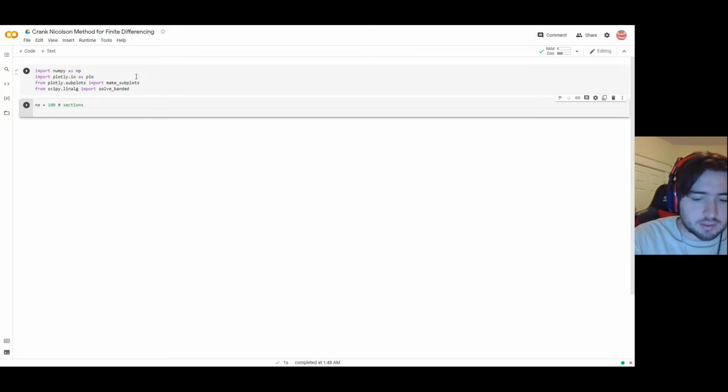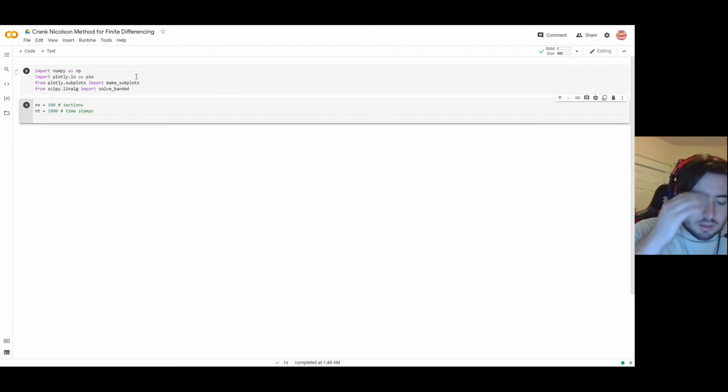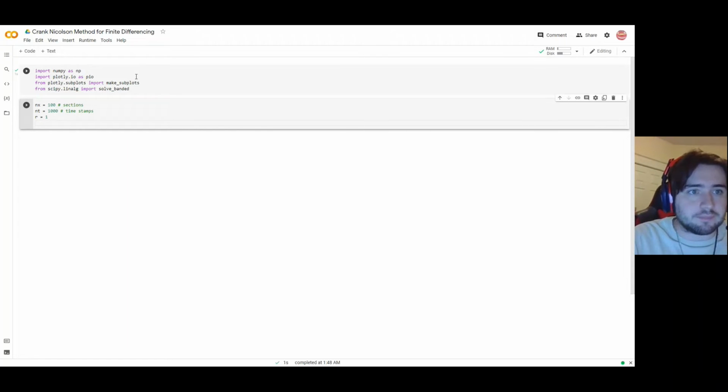We're going to set the number of time steps to 1000. And then we're going to set our R value equal to 1. And I know that's higher than last time. I know that we had a limit of 0.5, but we'll be able to do this.